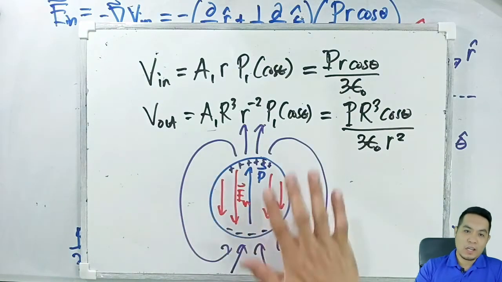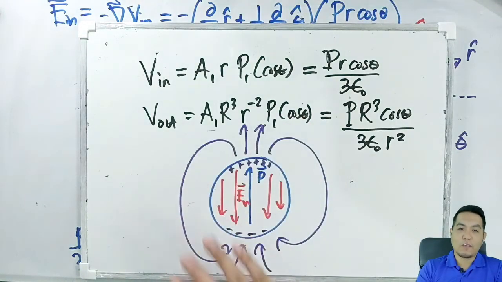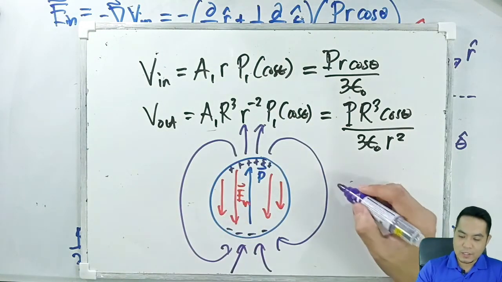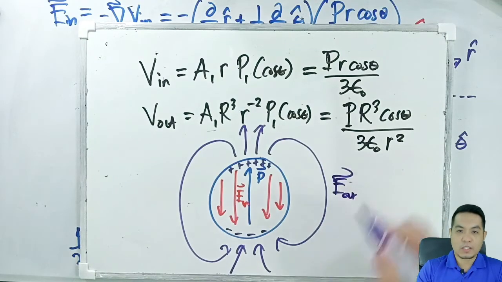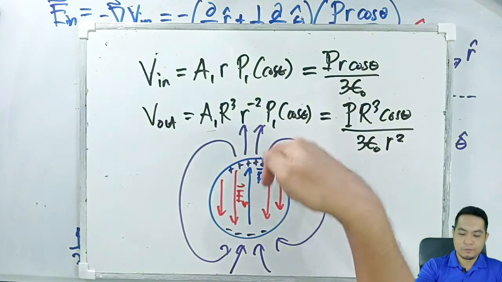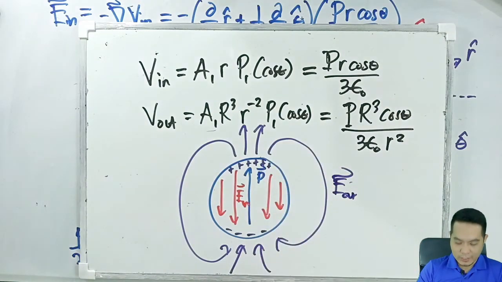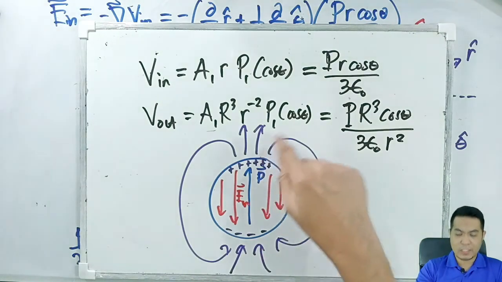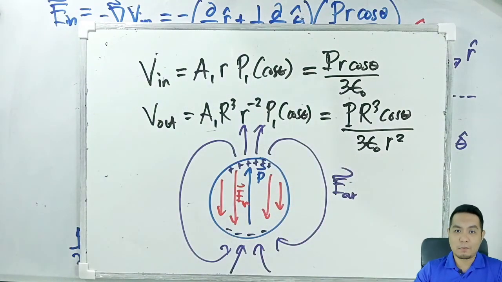So this is what the field of a uniformly polarized sphere looks like: the electric field inside is opposite the polarization, and the electric field outside is that of a dipole.